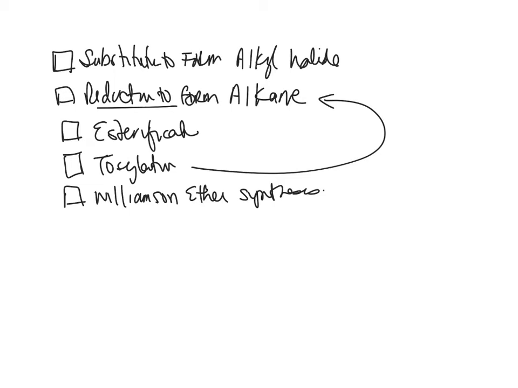I will give a brief overview of those reactions, and then we'll work your POGIL activity 16A on this lecture section. First, substitution to form an alkyl halide. If you have an alcohol and you react it with HBr, that's acid.